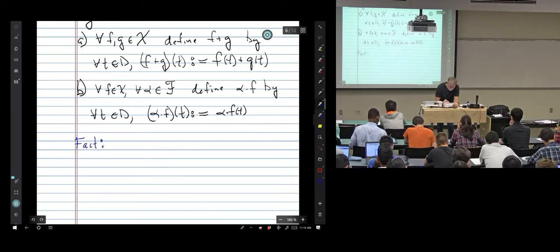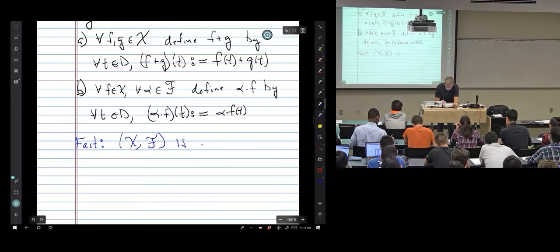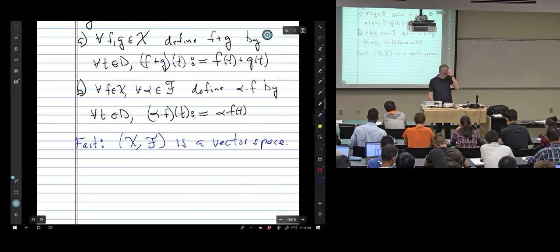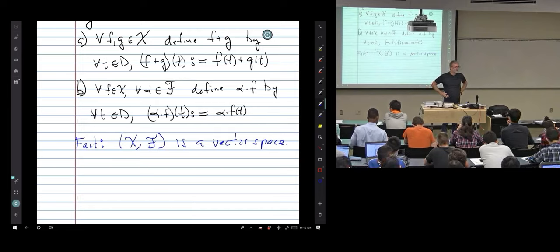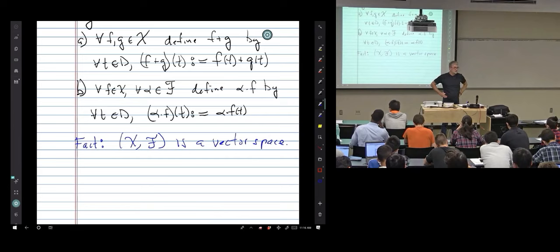So fact, XF is a vector space. Okay, so just like 2 by 3 matrices with real entries is a vector space over the real numbers, real valued functions form a vector space over the reals as well.